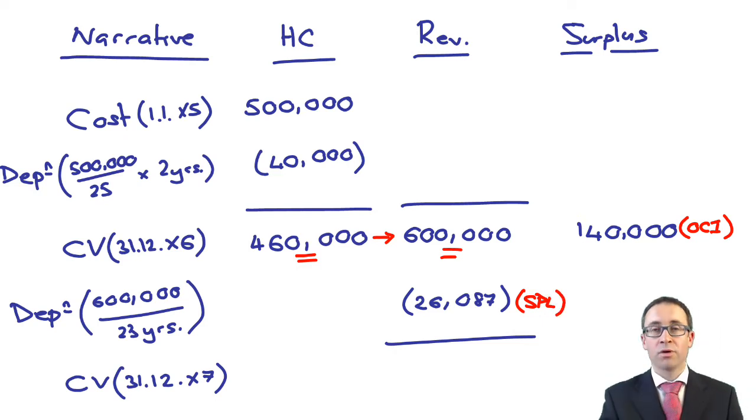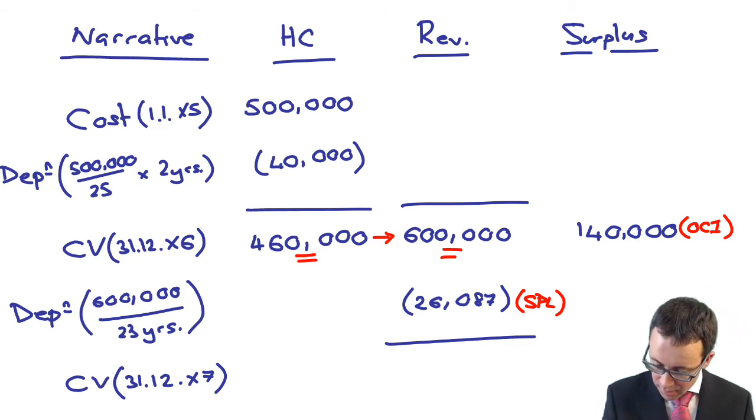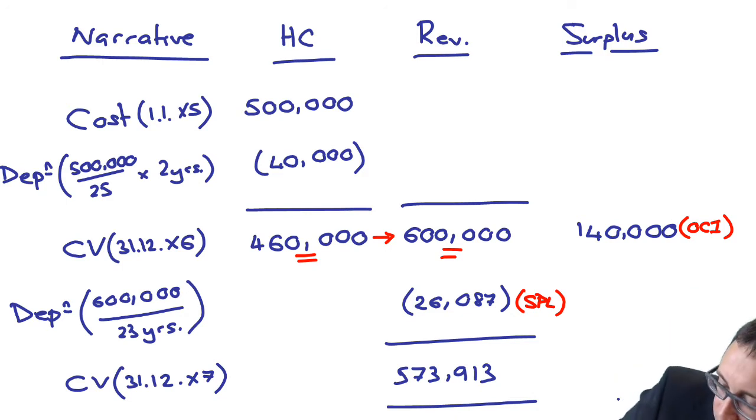Is it through the statement of profit or loss? Which when I go through there and net off, let's just check on my calculator. I'll do it mentally. That's going to be a disaster. 573,913. I think that's right, isn't it?